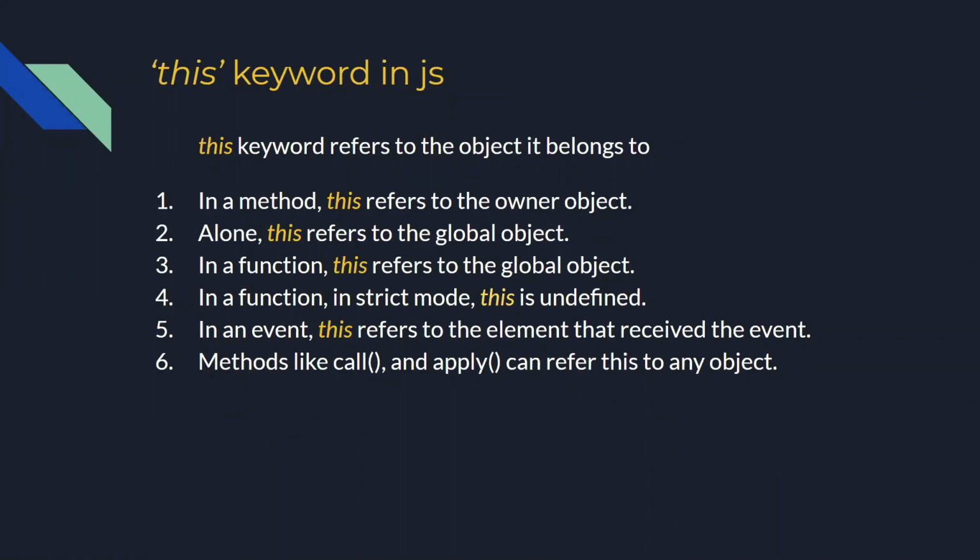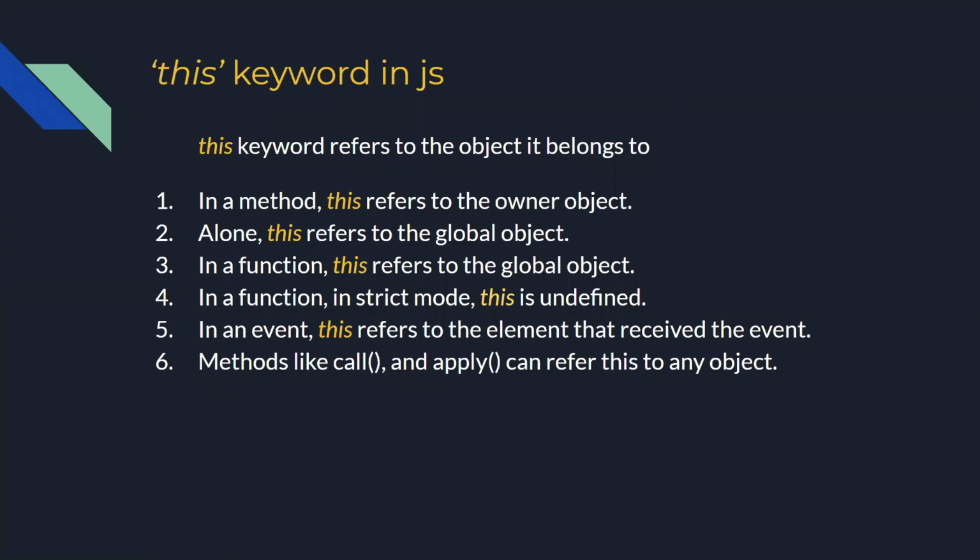When you call this alone somewhere randomly, then this refers to the global object. In a function, this refers to the global object as well. In a function in strict mode, this is undefined. Strict mode is a directive. If you use the use strict directive, I'm not covering it in this session, but at a high level, it is a directive that enforces JavaScript to run under specific rules.